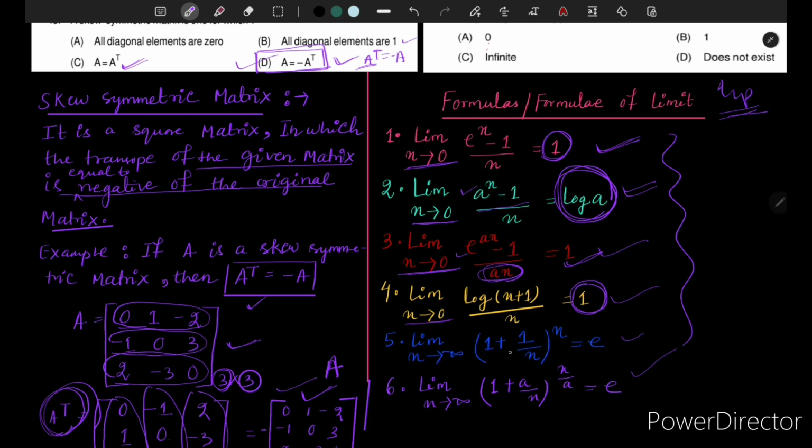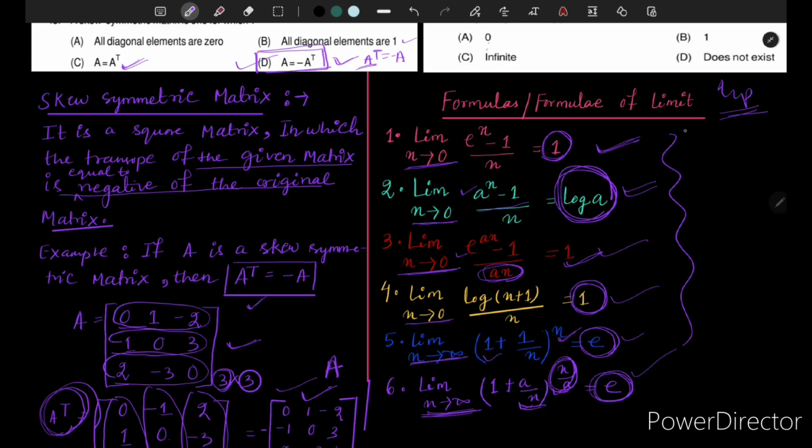Another formula is limit of 1 plus 1 by x to the power x, where x approaches infinity, then the value will be e. And the last one is limit of 1 plus a divided by x to the power x divided by a, where the power is the reciprocal of the term, and x tends to infinity, then the value will be e.